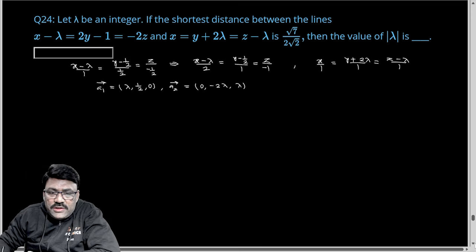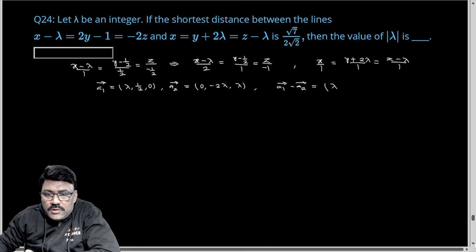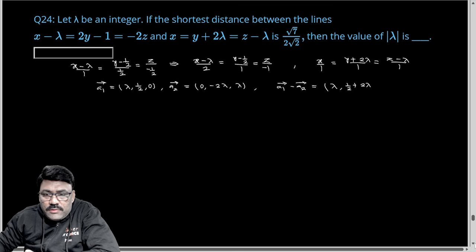So what will be A1 minus A2 or A2 minus A1? So A1 minus A2. This is (lambda, half plus 2 lambda, and minus lambda).